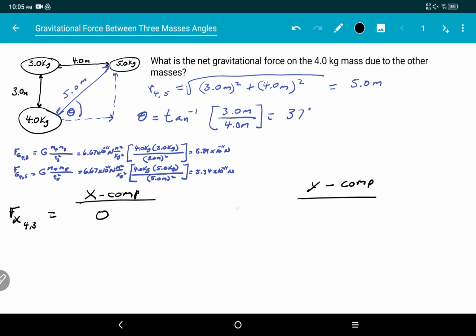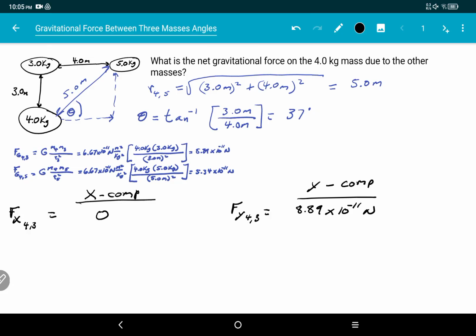But in the y direction, 4 comma 3, well, there is a force, and fortunately it's sine 90, so it'll just be 8.89 times 10 to the negative 11 newtons. Okay, no problem. That was pretty easy.